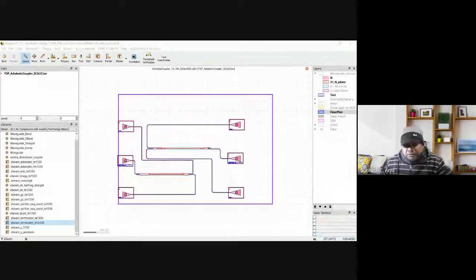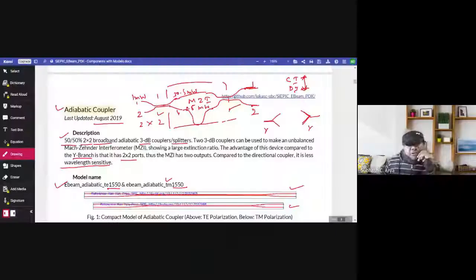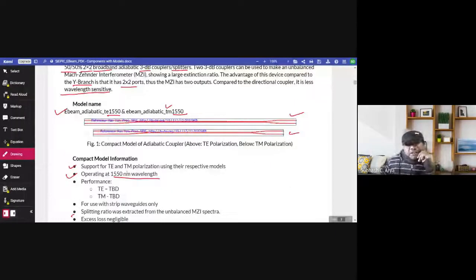I will come back again. Before proceeding, let us see again what we are trying to do here. We have considered both TE mode and TM mode adiabatic coupler. So it supports TE mode and TM modes.